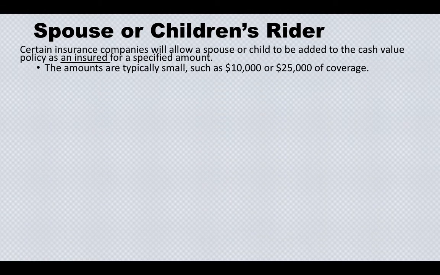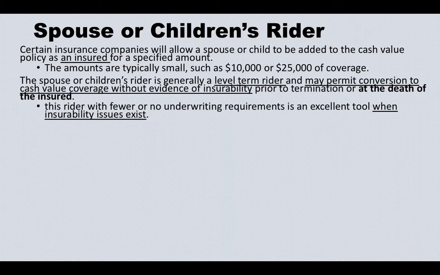Spouse or children riders. This one is very interesting. Certain insurance companies will allow a spouse or child to be added to a cash value policy as an insured for a specified amount. The amount is typically small, such as $10,000 or $25,000 coverage.